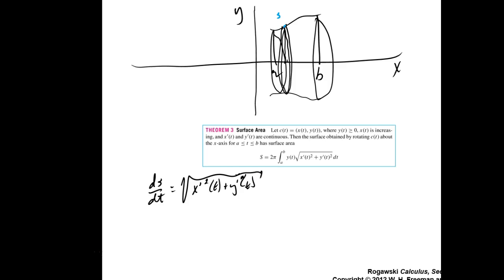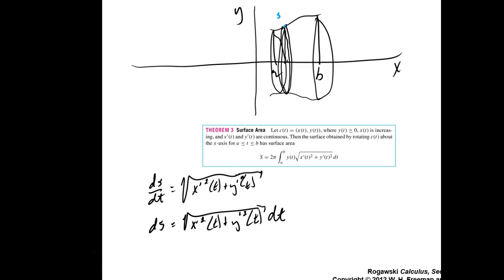That's what we did before. So therefore, your ds is equal to the square root of x prime squared of t plus y prime squared of t, dt, written as a differential. That's your ds, and that little increment has to go around what?